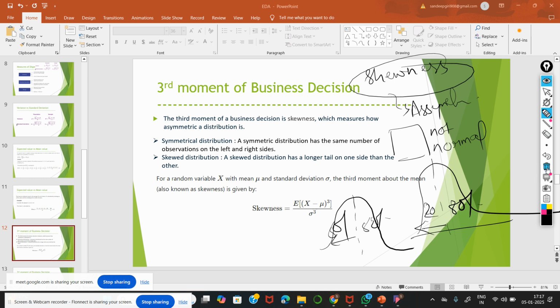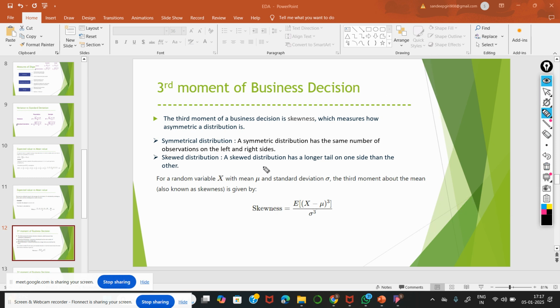So that tells you your skewness. And the formula of skewness is given like this: it is nothing but expected value of x minus mu whole cube. So how can you write it? It is nothing but x minus mu whole cube into probability of that particular xi.